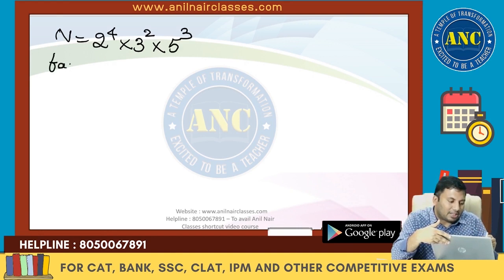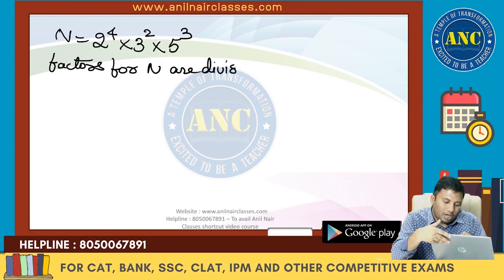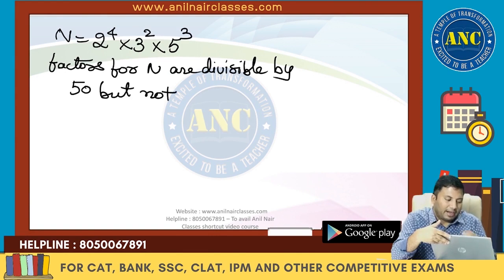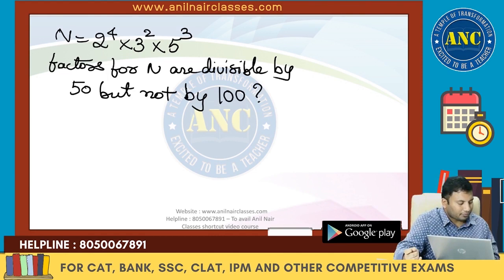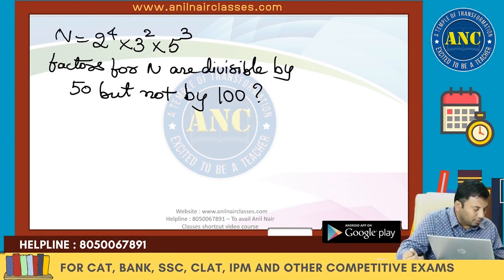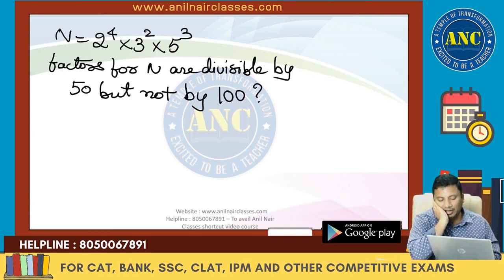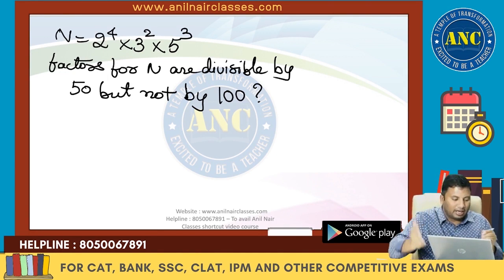How many factors of n are divisible by 50 but not by 100? Second question. Mahesh, I will solve one more question, then it will be clear to you.